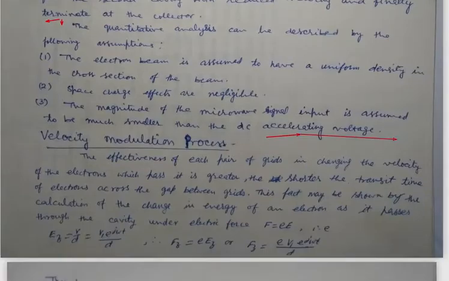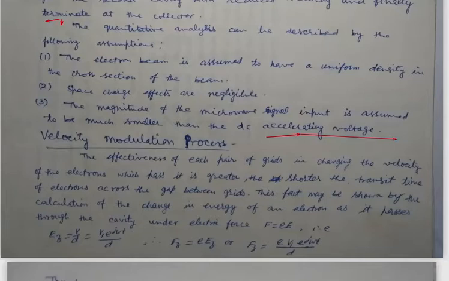Now we discuss mathematically how the change in velocity takes place by the velocity modulation process. The effectiveness of each pair of grids in changing the velocity of electrons which pass through it is greater the shorter the transit time of the electrons between the grids.